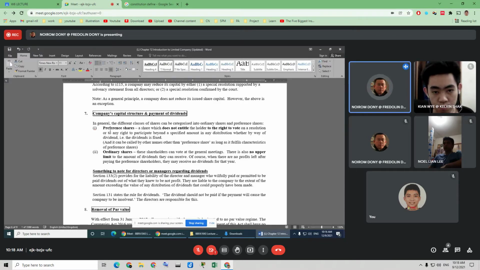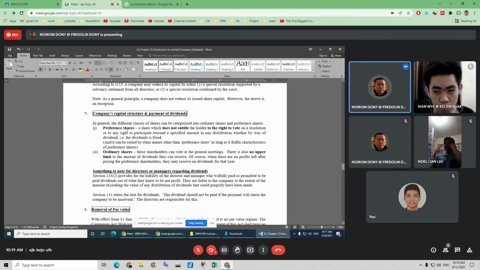So what does 7% mean? 7% means every year the preference shares receive 7% as a dividend, based on the investment, 7% times the investment. Whether the company is profiting or not, this dividend has to be paid.